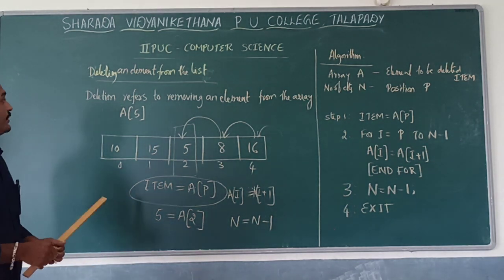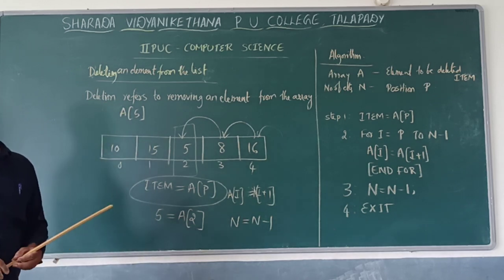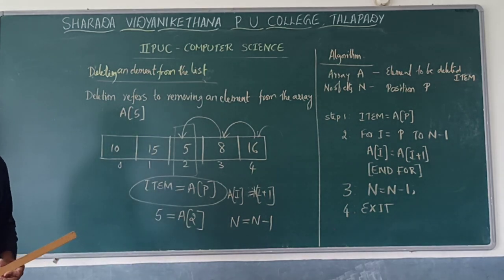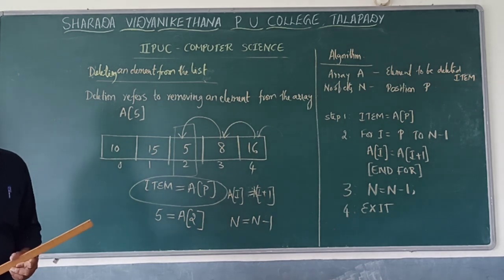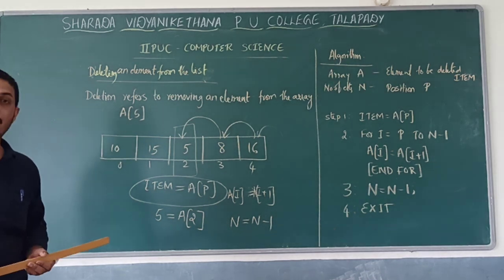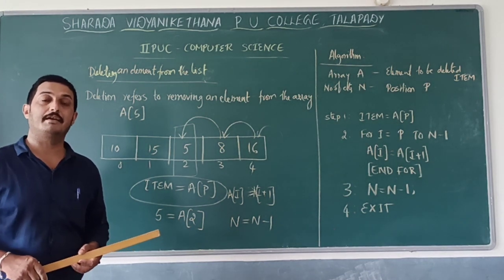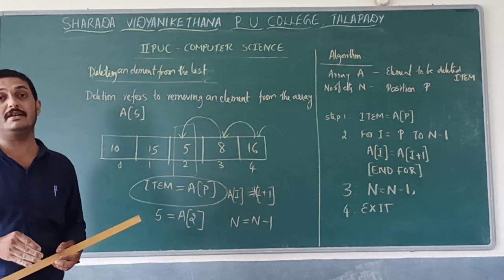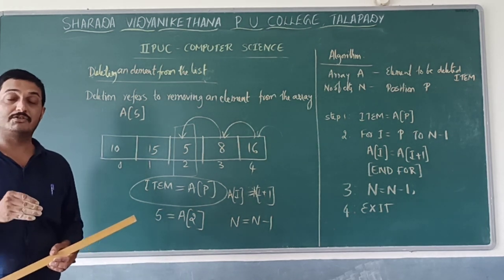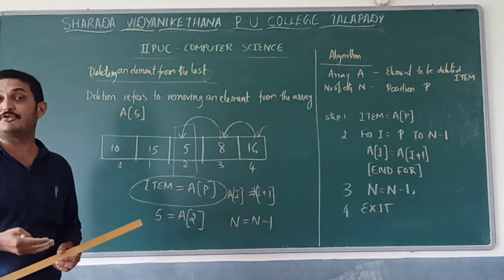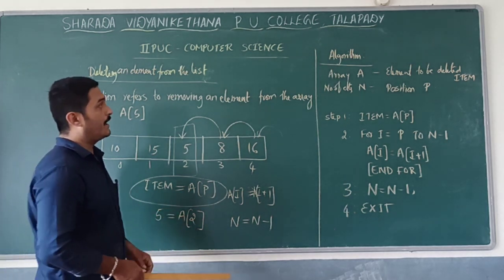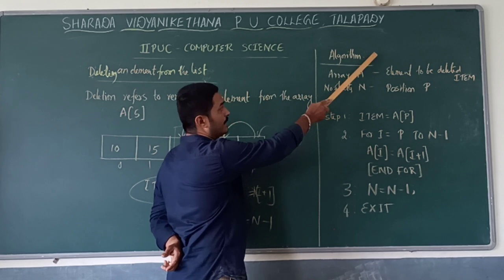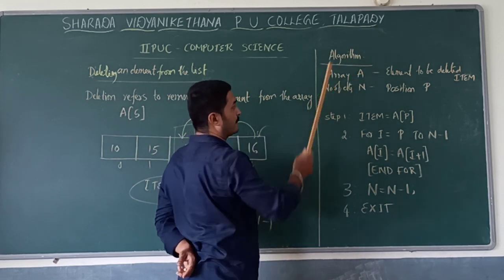Hereafter we can go through the algorithm for implementing deleting an element from the list, or the deletion operation, which means removing an element from the list. Position and item should be mentioned. The algorithm name is deleting an element from the list.